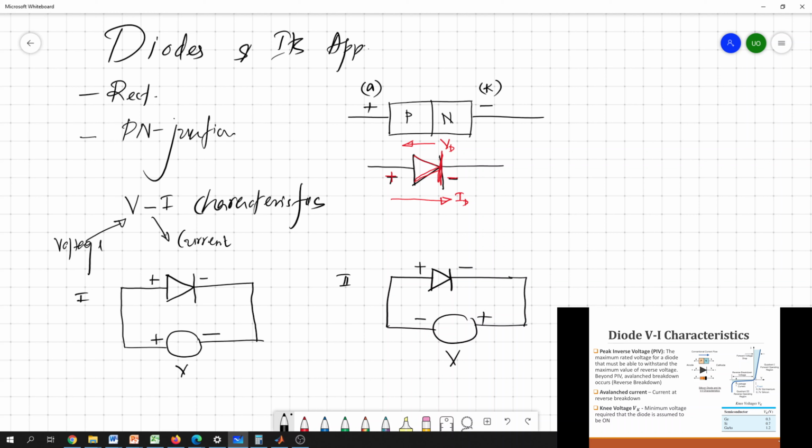Here it is plus to plus and minus to minus. So this is the way we can easily apply the voltage by changing the polarities of the source we connected. This scenario, the way we connect the source, is defined as forward bias. So this is called reverse bias.